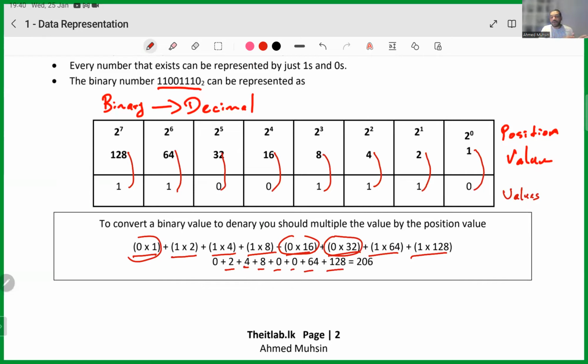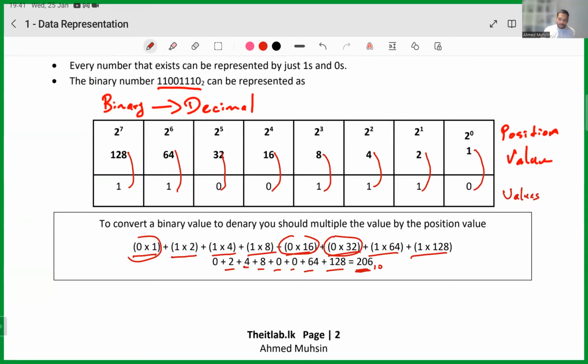Now, when you add all these values up, you would get the number 206. So this binary number over here, when you convert it into decimal, you would get 206. Can you see the difference in the two number formats?